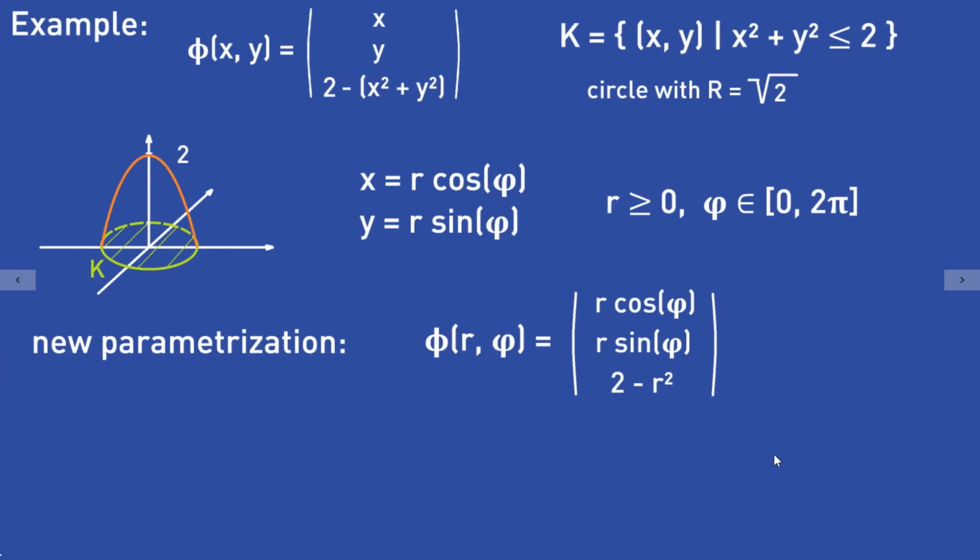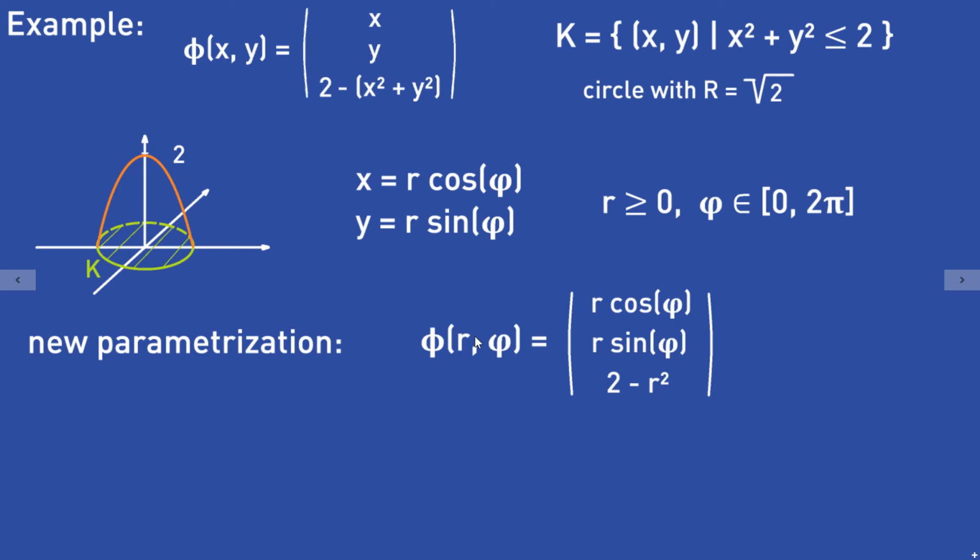So in the end we get this here as a new parametrization. This new parametrization depends on r, phi and is equal to r times the cosine of phi, r times the sine of phi, and 2 minus r squared. And as I said before, you get this new parametrization by inserting x and y in the old parametrization.